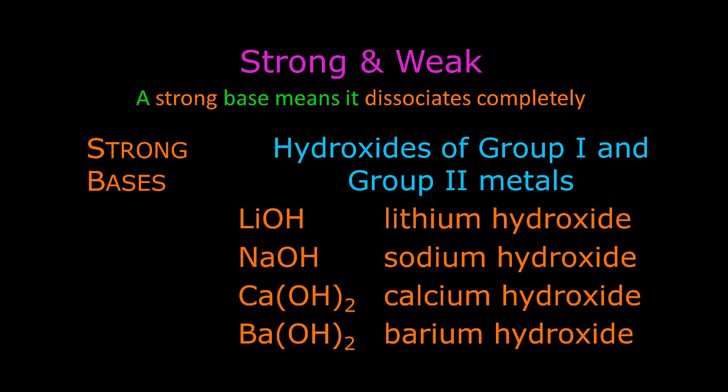Some strong bases are the hydroxides of group 1 and 2 metals. So examples of that would be lithium hydroxide, sodium hydroxide, calcium hydroxide, and barium hydroxide.